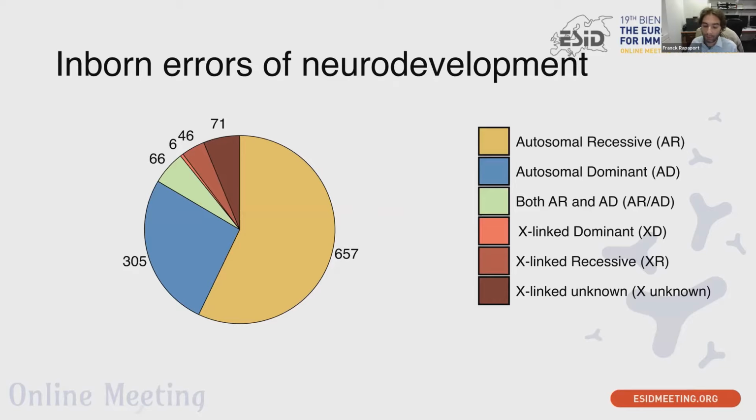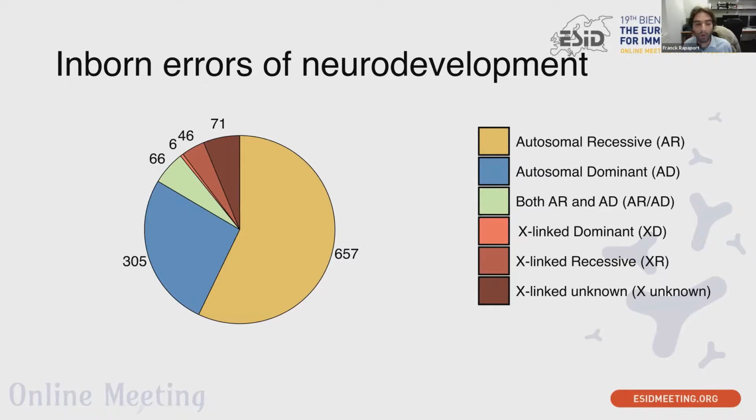We wanted to see if these results were specific to inborn errors of immunity, or if we could replicate them in another similar group of genes that underlie severe and early onset inborn errors. So we collected from our collaborator, Joe Gleason, a list of genes that underlie inborn errors of neurodevelopment.